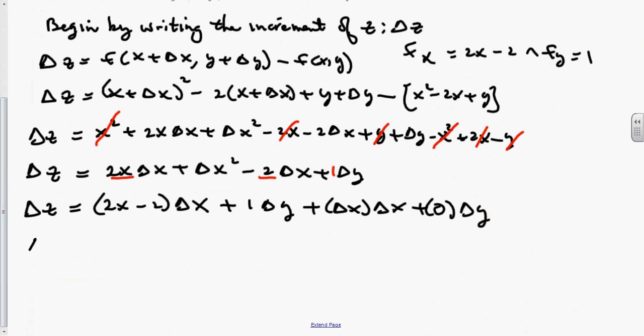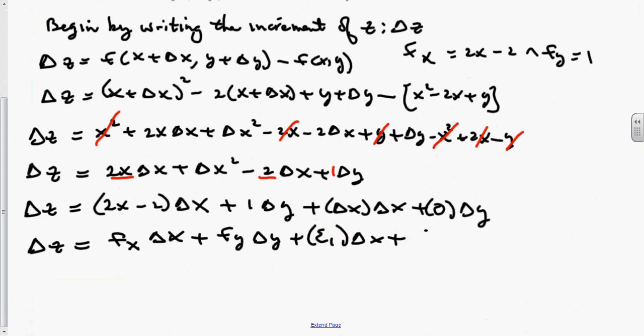So this, delta z, is the partial of f with respect to x times delta x plus the partial of f with respect to y times delta y plus epsilon sub 1 times delta x plus epsilon sub 2 times delta y, where epsilon sub 1 is equal to delta x. That's what I have here, right?